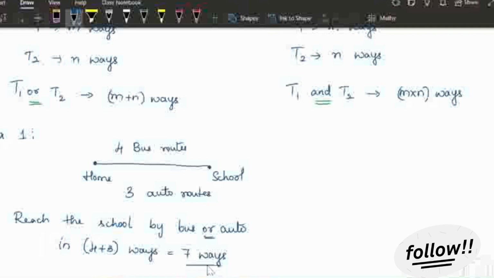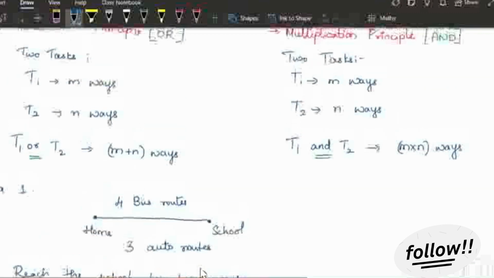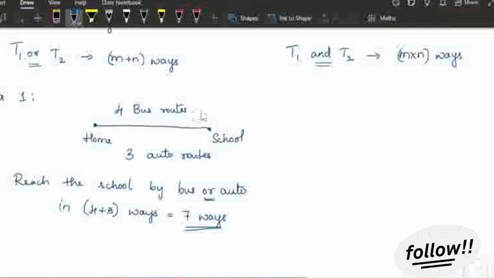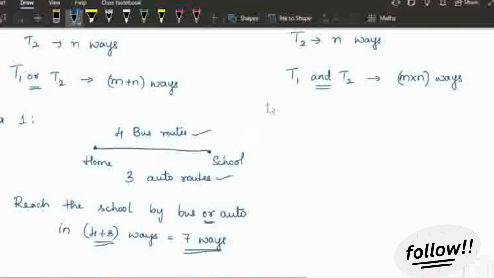So there are 7 different ways of reaching from home to school. That is your addition principle. If you have multiple possibilities or multiple tasks, and you have to follow either this or that, in that situation you are going to add them. Now let us modify this example.